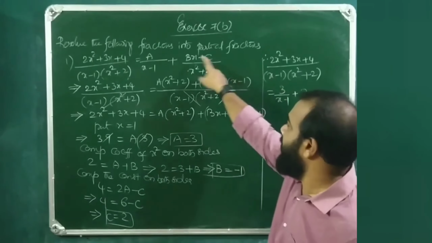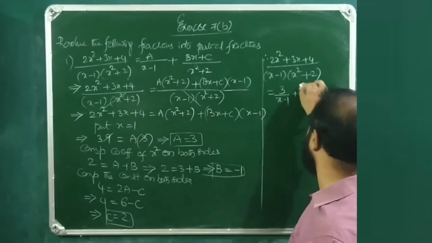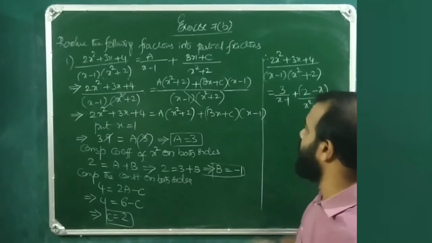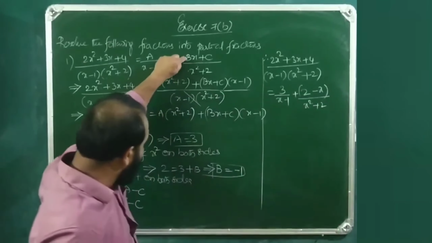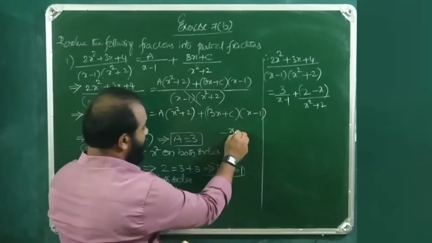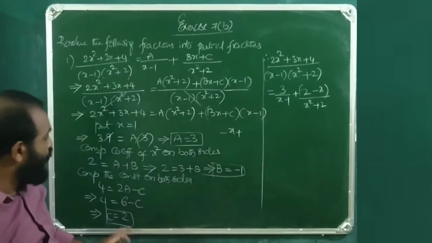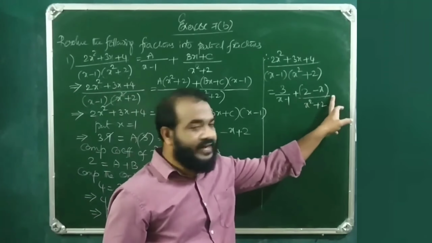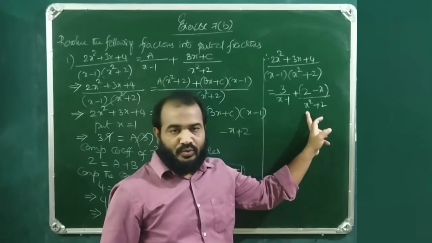So 2 minus x by x square plus 2. Because this is b, b into minus 1 is minus x plus c value is 2. So minus x plus 2 I have written as 2 minus x by x square plus 2.